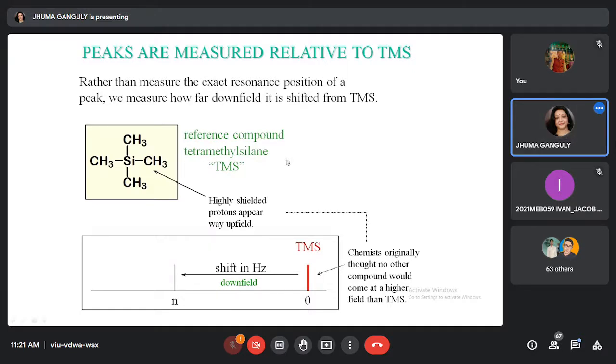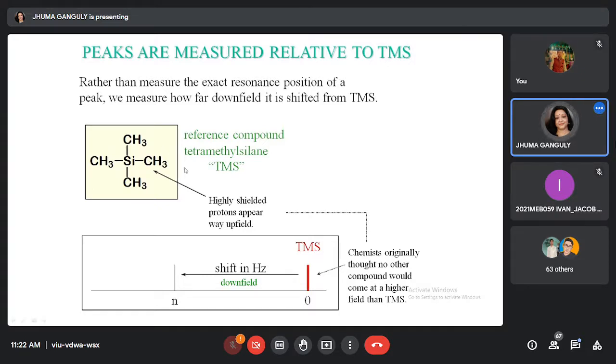tetramethylsilane. There are 4 methyl groups. These 4 methyl groups are identical because they are separated by Si, and Si has no electron withdrawing inductive or resonance effect to interfere with the carbon hydrogen bond.